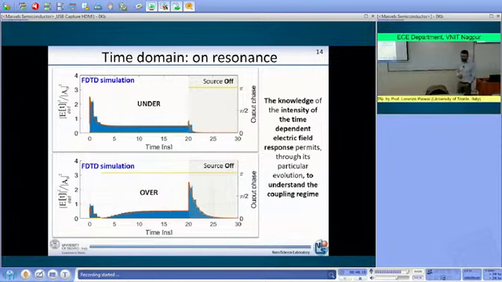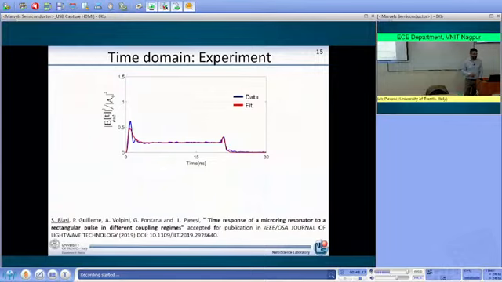So those were calculations. We also performed an experiment, and here is the experiment. The blue line is the time evolution of the transmission of light through a microring resonator, and the red line is the result of the modeling that I've just shown you.